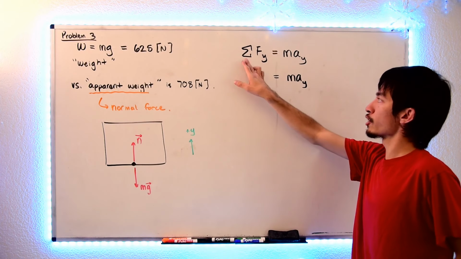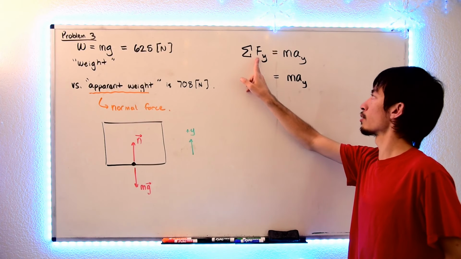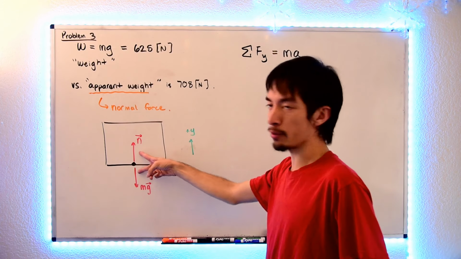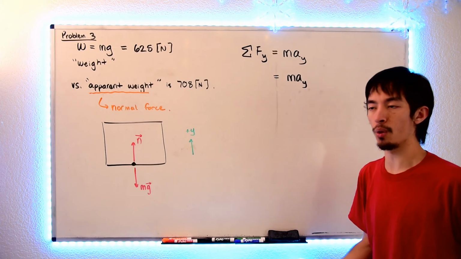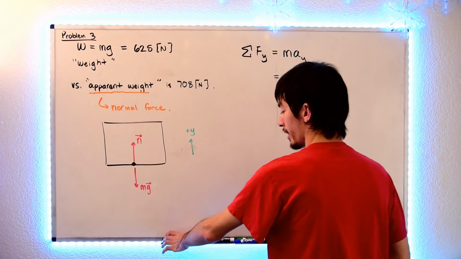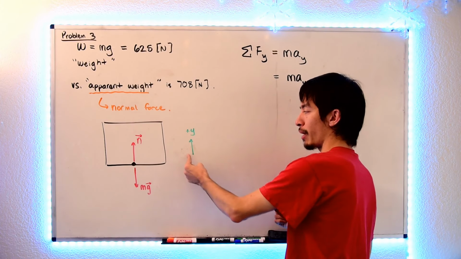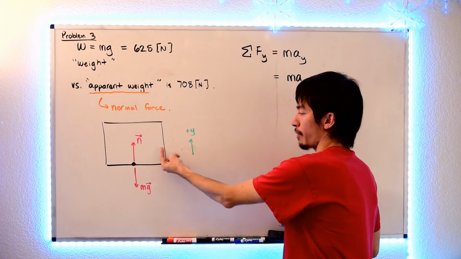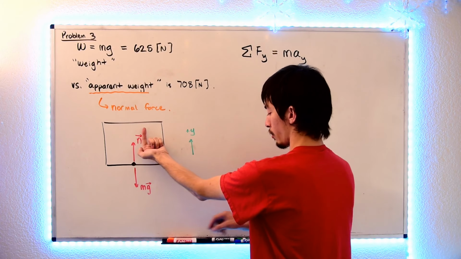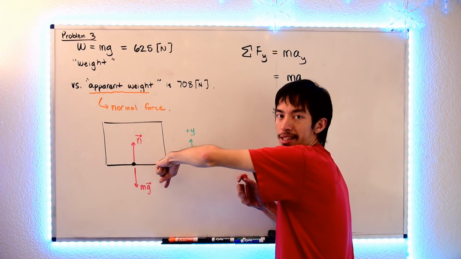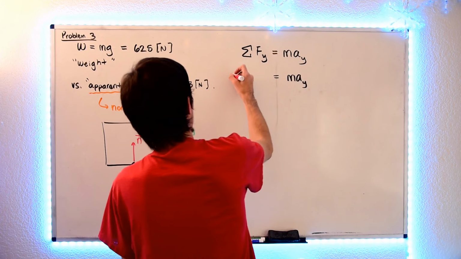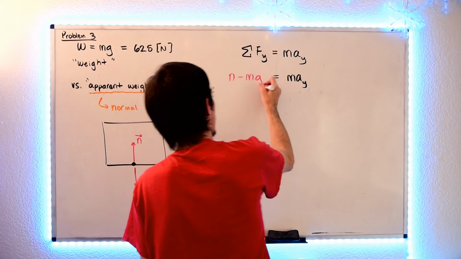The left side says to add up all forces with the y component. There are two forces in this problem, and they are both along the y-axis, so we have two y components to work with. In our coordinate system being positive upwards, that means the normal force is positive, so I'll write positive n, and the weight is downwards, which means it's negative mg. So normal force minus the weight.